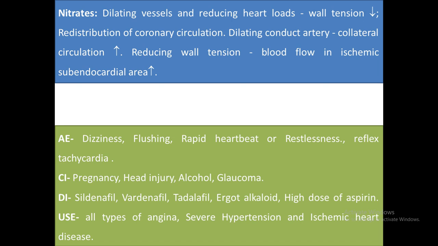Contraindicated in pregnancy, head injury, alcohol and glaucoma. Drug interactions: sildenafil, vardenafil, ergot alkaloids, high dose of aspirin. Used in all types of angina, severe hypertension and ischemic heart disease.